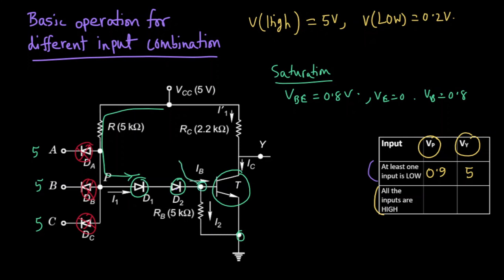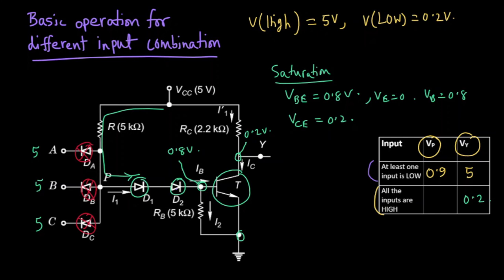And also you know that when a transistor is in saturation, the collector emitter voltage is 0.2 volt. So the node voltage of the collector node, in this case the collector node is also the output node, will be 0.2 volt. So we have already got the output voltage. The output voltage will be 0.2.